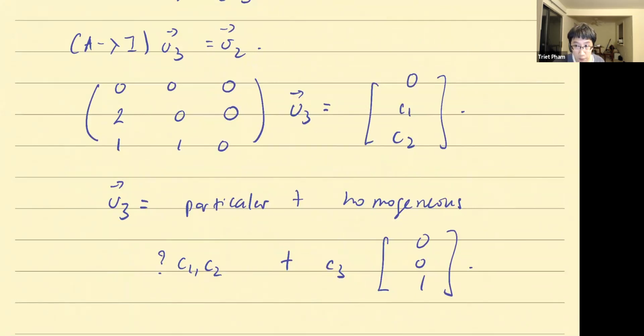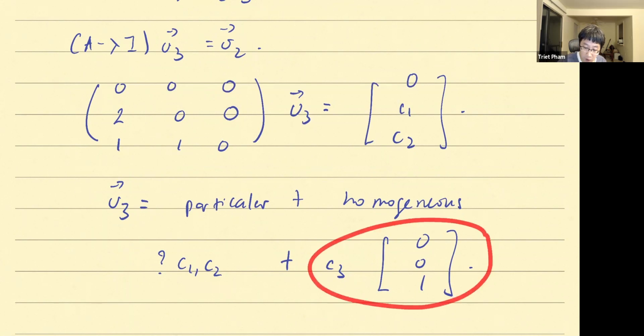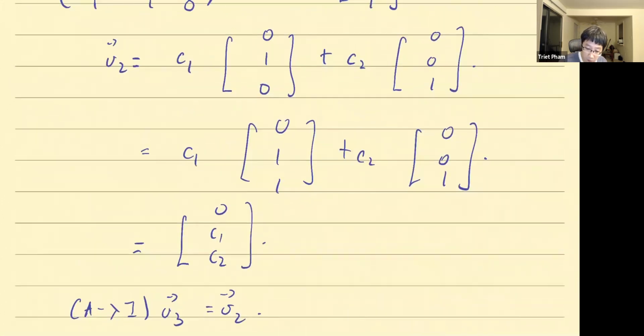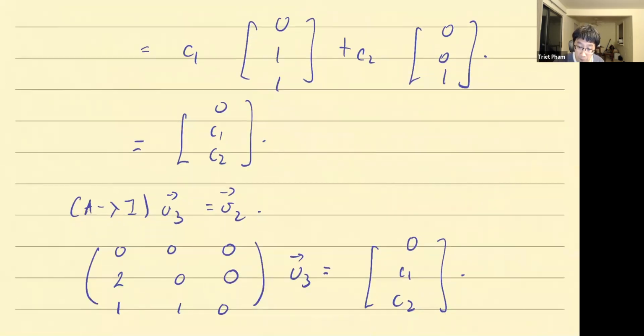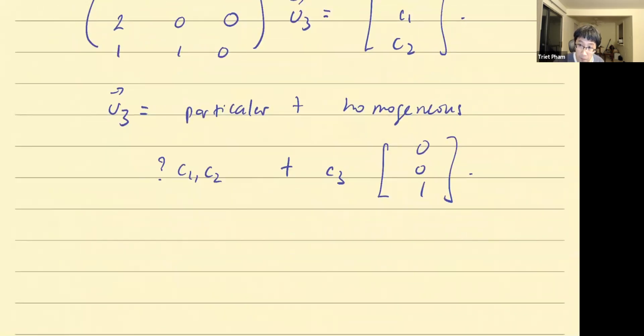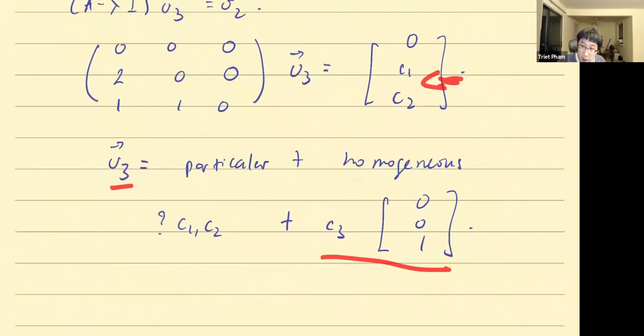Are you okay with that structure for now? We'll go back to see what the C1, C2 must be. But this is a homogeneous structure, same as the homogeneous structure here, but here it takes on the C2 because it comes from the V2. Is that okay? So this is the freedom of the V3. Any choice here in terms of C1, C2?